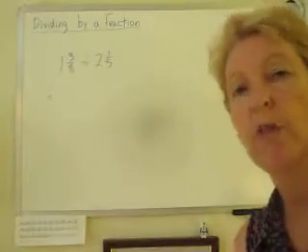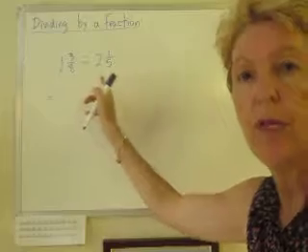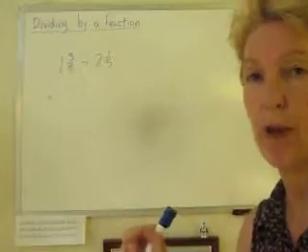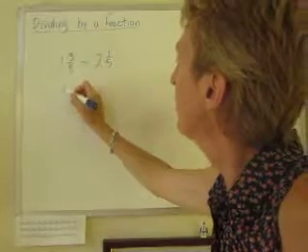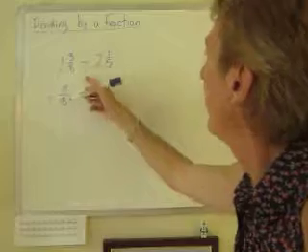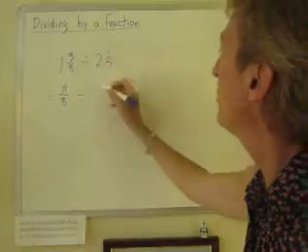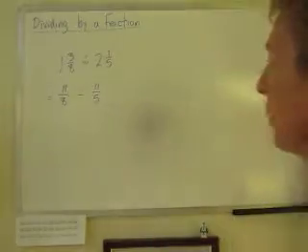The first thing we're going to do is convert both of these into improper fractions. So 8 times 1 is 8, plus 3 is 11, divided by 5 times 2 is 10, plus 1 is 11 over 5.